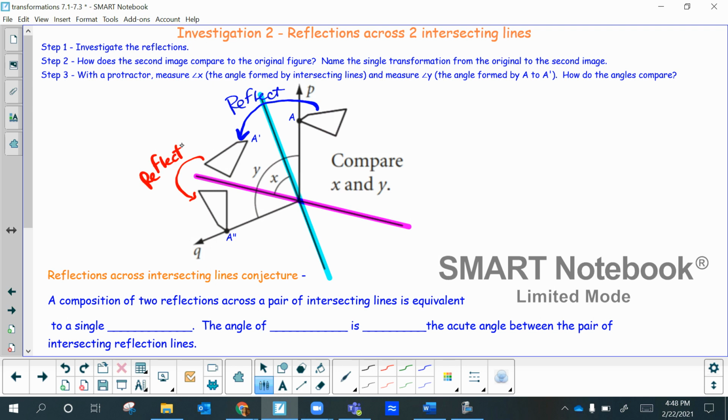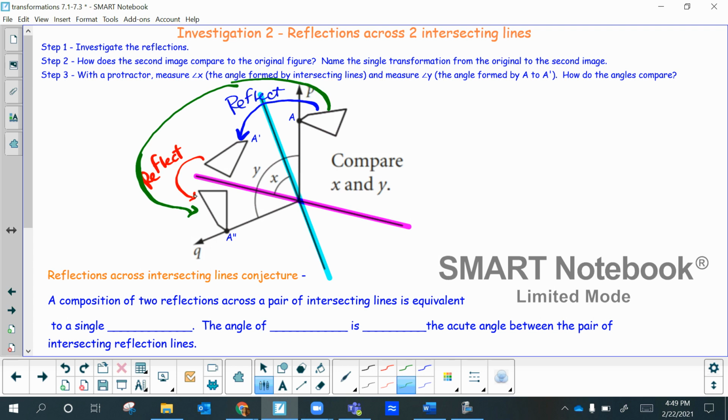And so it says, how does the second image, the one over here with A double prime, compare to the original? From here all the way to there. What single transformation does it look like?